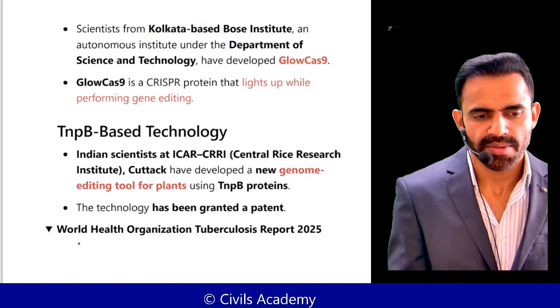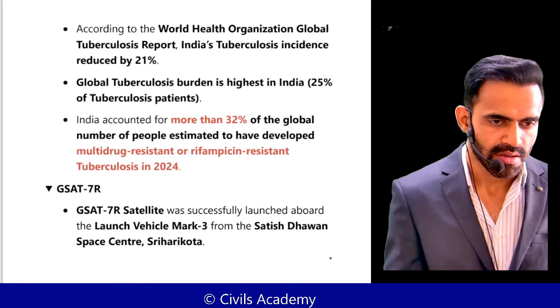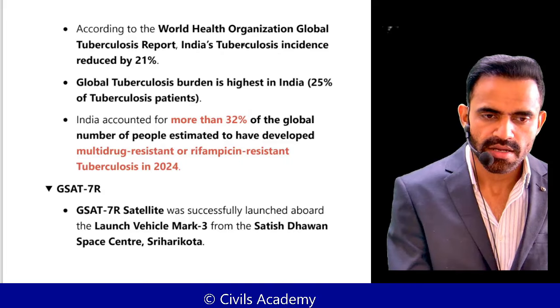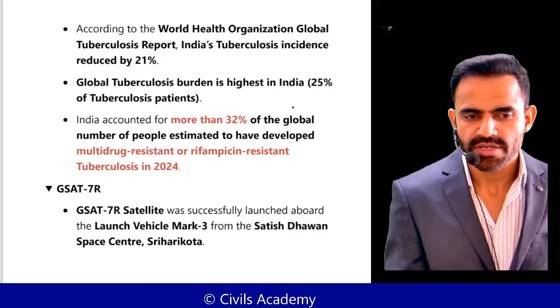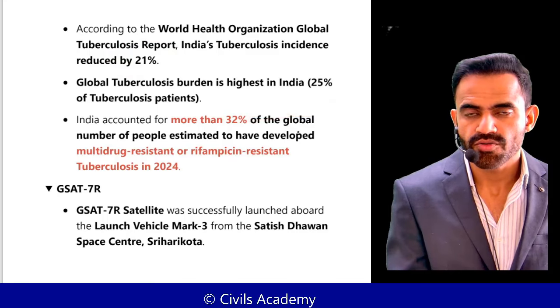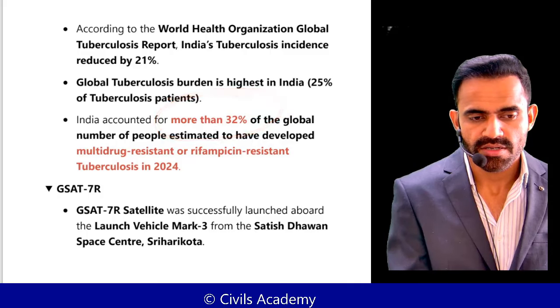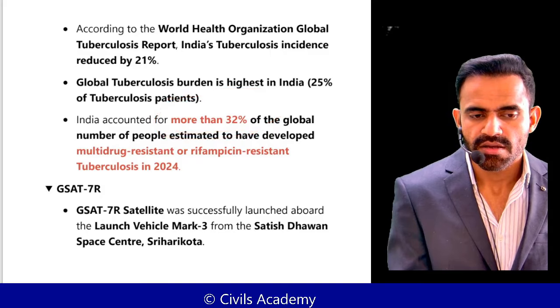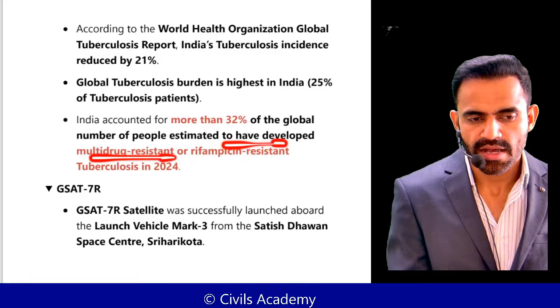Okay. Next is related to the TB report. Understand, the TB cases have gone down by 21%. India is home to roughly 25% of the global cases, roughly one fourth, and more than 32% of the cases in India are multi-drug resistant.